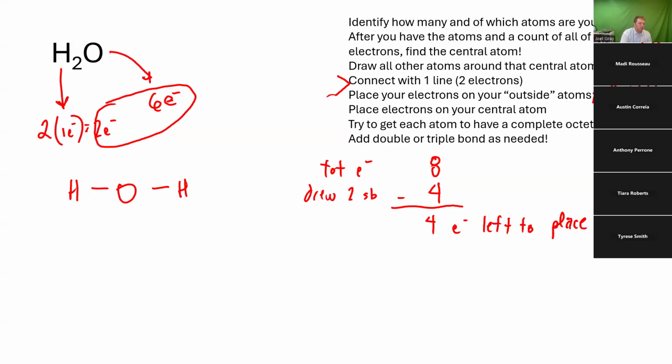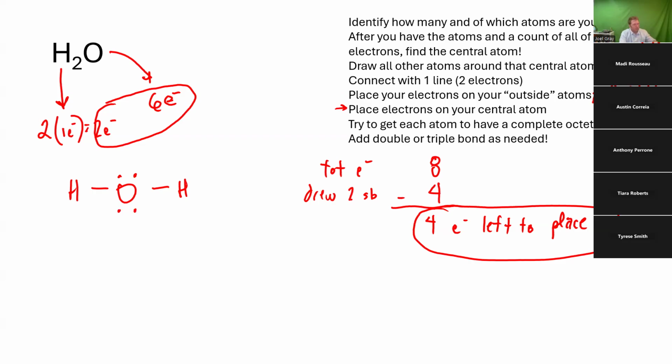Then I still have these 4 electrons left to place because I couldn't place them on my outside atoms. Now I'm going to place my electrons on my central atom. My central atom is oxygen. So let's say I do this, and this, and this.